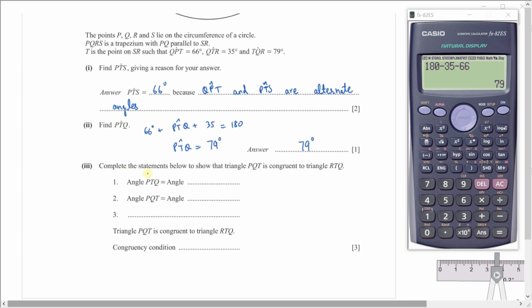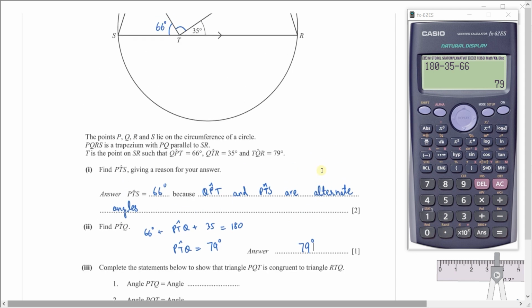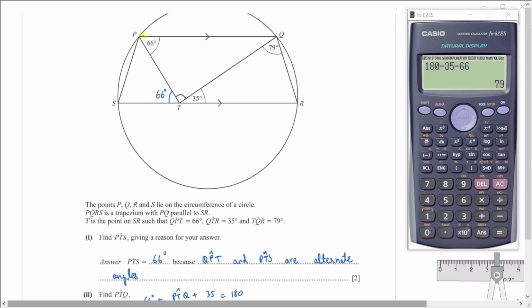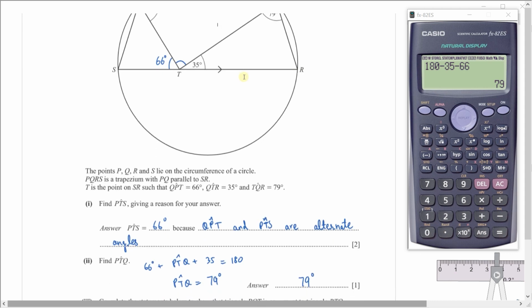The next part is complete the statements below to show that triangle PQT is congruent to triangle RTQ. So PQT is this one and RTQ is this one. So these two triangles we have to show that these two are congruent.